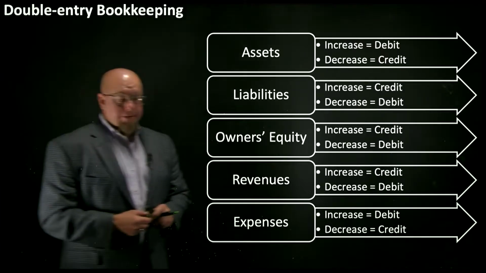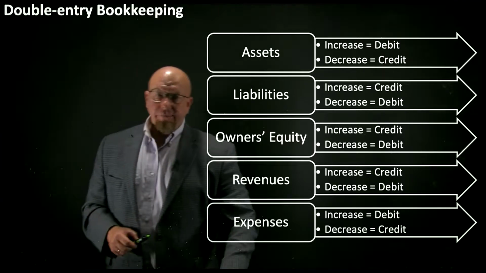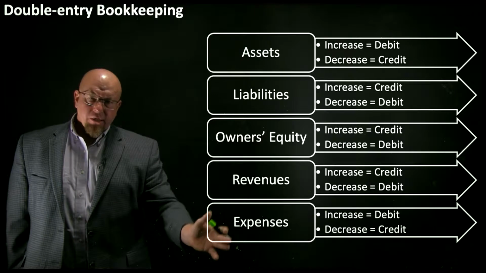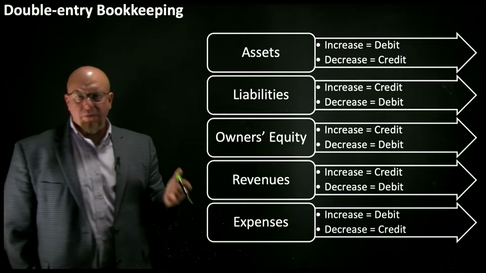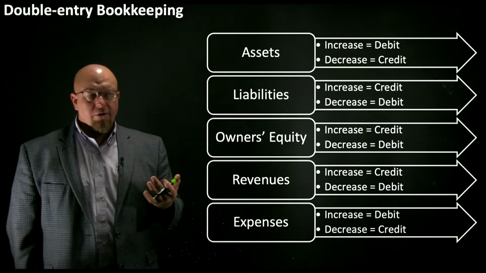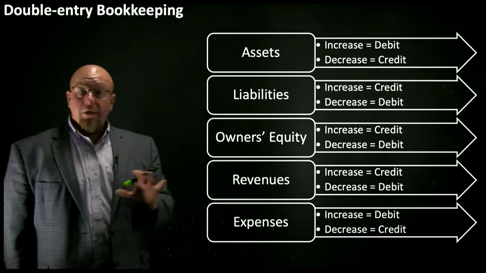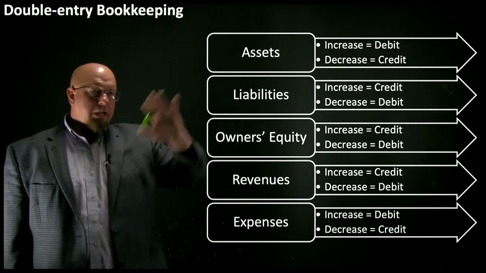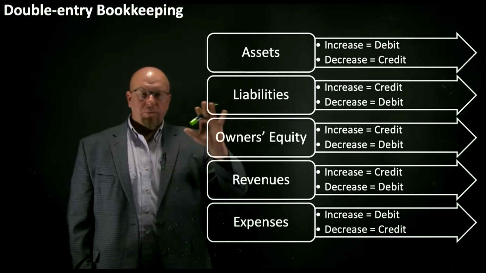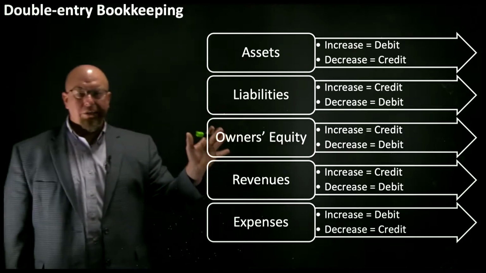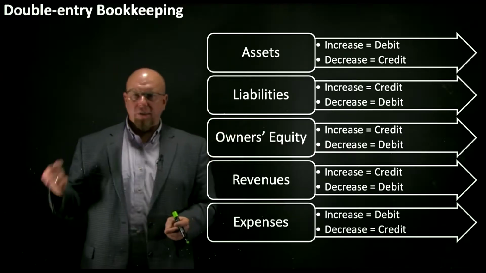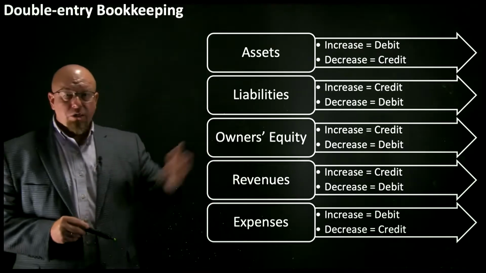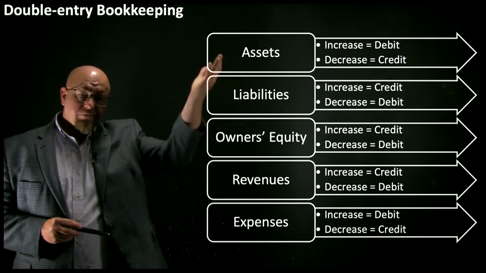Now, we can't completely escape debits and credits here. Let's talk about this for a second. We have the 5 basic categories of accounts that can be used to keep track of a business's activities. And I don't care if you're as big as Facebook or Amazon or Ford Motor Company, a huge organization, or if you're as small as the local coffee house or local plumbing shop, you would have these 5 basic building blocks.